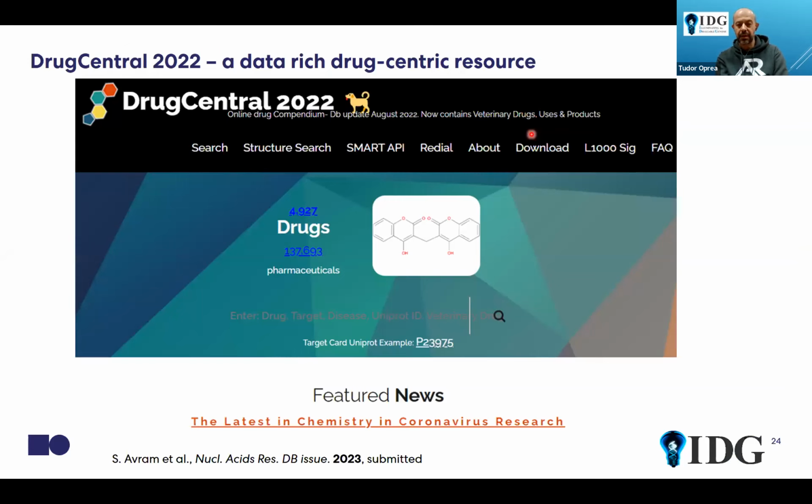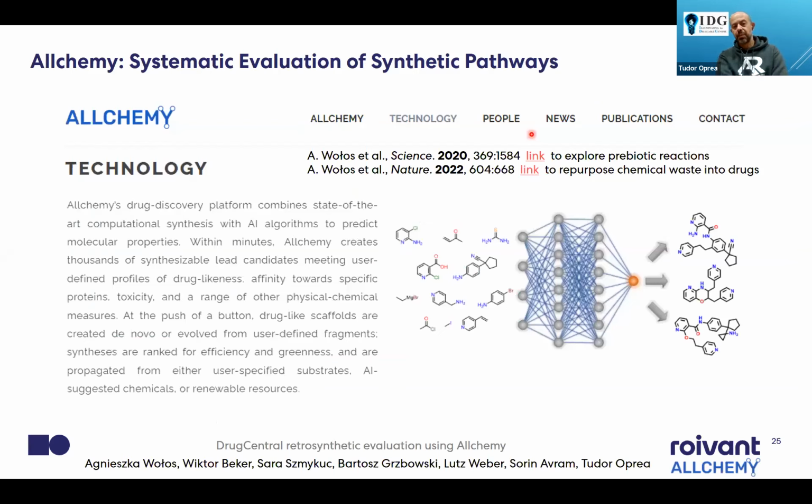But we started with technology that was built by Bartosz Zubowski and his team at Alchemy. And they've made the rounds with high impact publications, asking really relevant questions about the chemistry of life or sustainability in the current environment.